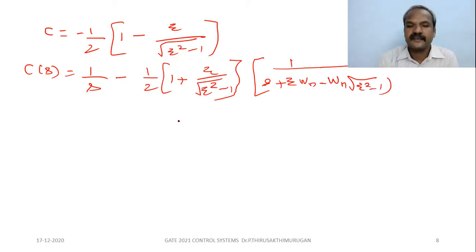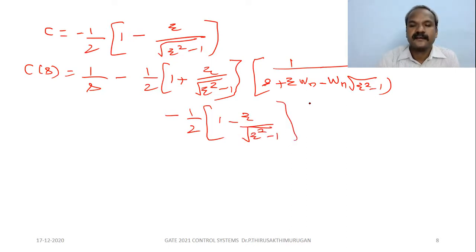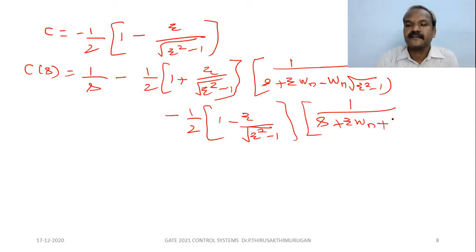The C value is minus 1 by 2 of 1 minus zeta divided by square root of zeta square minus 1, into 1 by S plus zeta omega n plus omega n square root of zeta square minus 1. Am I right?